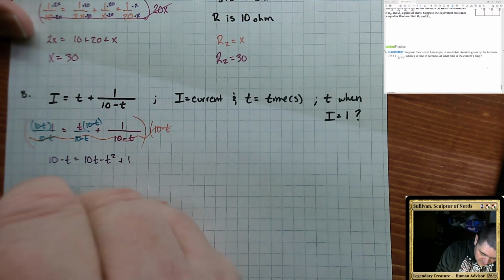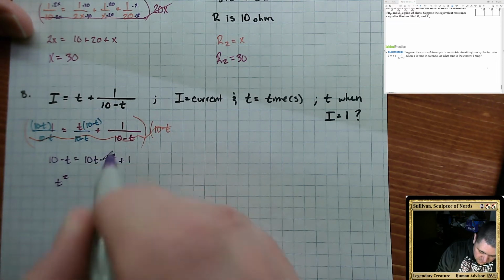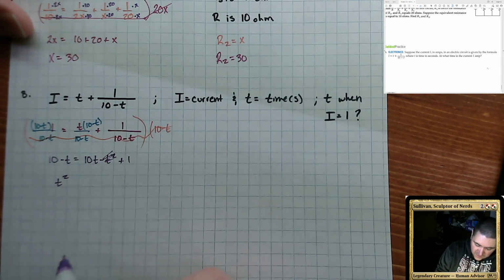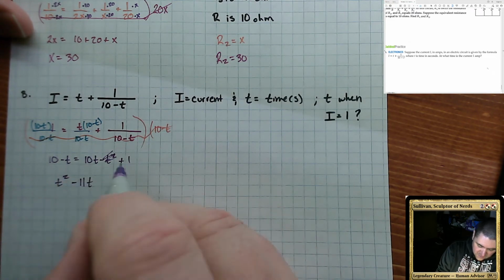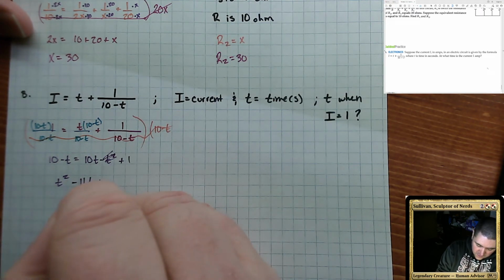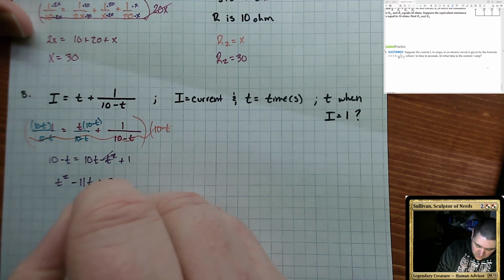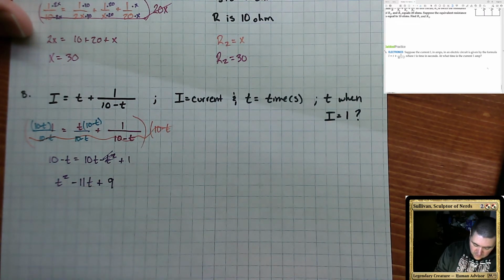Getting T squared, subtract 10T, getting negative 11T, subtract 1, getting 9. So close.